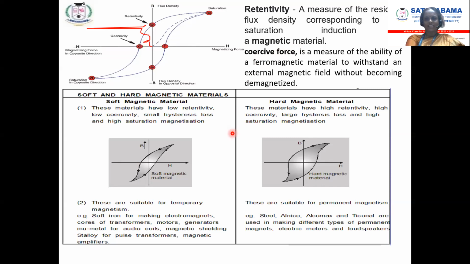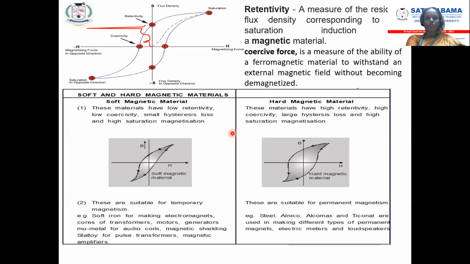We all know the hysteresis curve. When I increase the H value, the B value also correspondingly increases, and it depends on mu naught and mu r. This curve is explained using B equal to mu H, and mu r is the relative permeability of the material. When the relative permeability varies, my hysteresis loop also varies, and it mainly depends upon the retentivity and coercivity of the material.